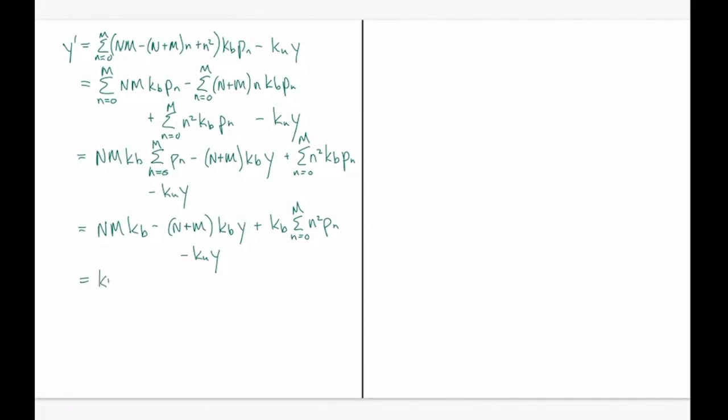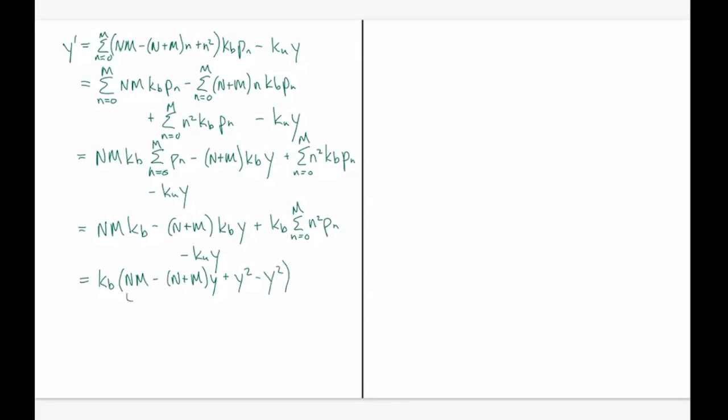So first of all, I'll factor out a kb. And then we can add and subtract in a term. So we have nm minus n plus m, n plus my plus y squared. But now that y squared was not there before, so I would subtract it back out.